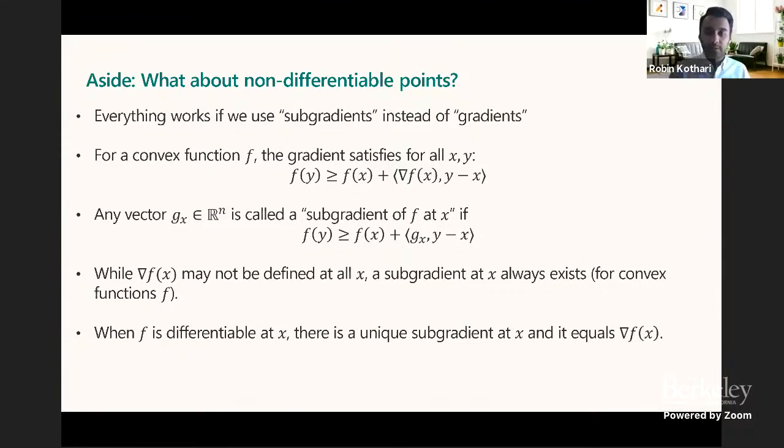So all you have to do for these optimization problems is assume that when you query the black box for the gradient, you get a valid subgradient. And that's kind of how you make it work for non-differentiable functions. But it's not a big deal if you haven't seen what subgradients are before. Everything will make sense if you just take the intuition of gradients as for differentiable functions.